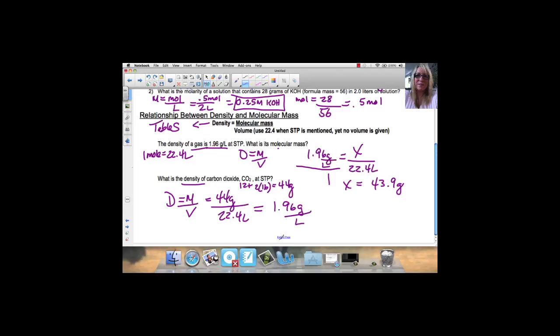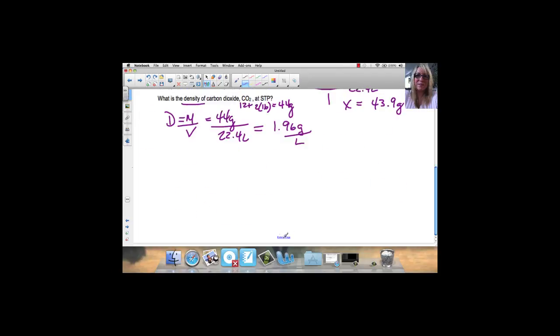Another way that they could say this, and this is our last problem here, is they could say, what is the volume of 1 mole of neon? So you know density equals mass divided by volume.